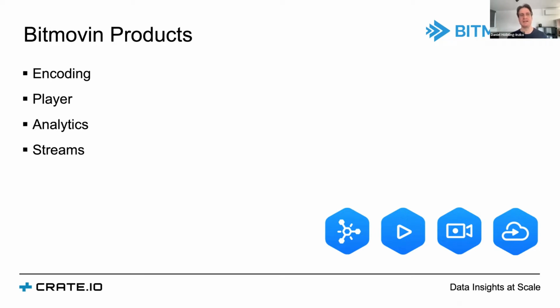With Bitmovin Streams, we now basically provide you a very easy drag and drop solution. You just go to the website, drag the video, you get the link that you can directly embed on your website and continue with your stuff, and we take care of all the nitty-gritty details of video streaming and just make sure that it plays everywhere and that you see where it's playing, how it's playing, and all these things.